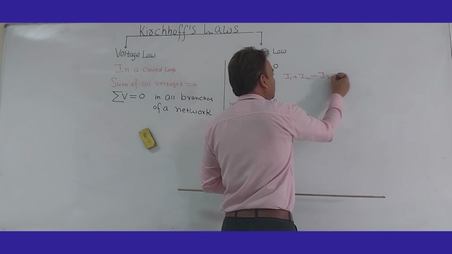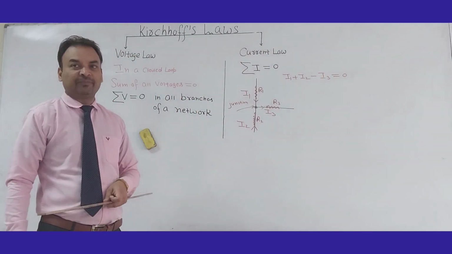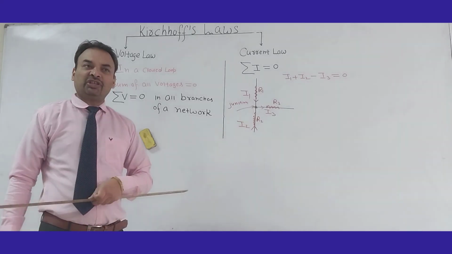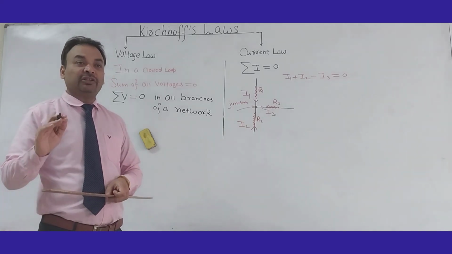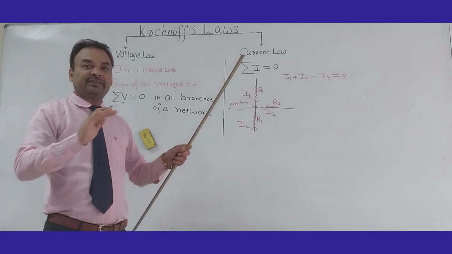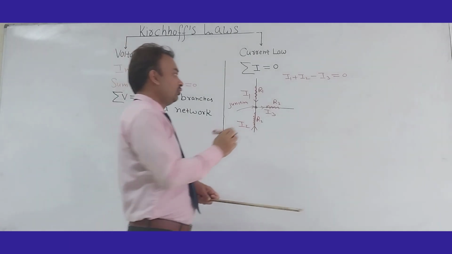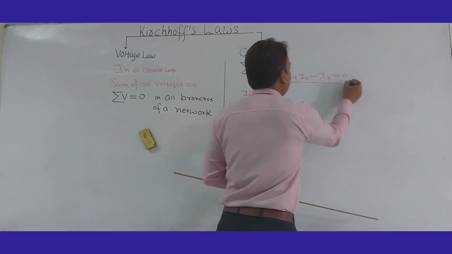The sum of all these currents, according to Kirchhoff's current law, should equal 0. So this is Kirchhoff's current law.